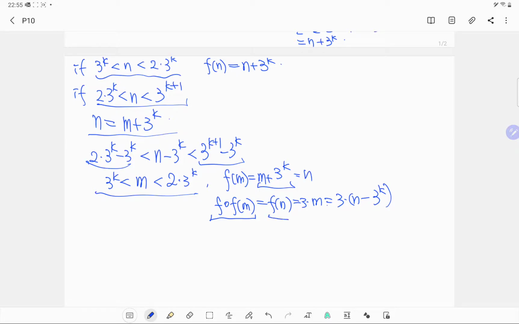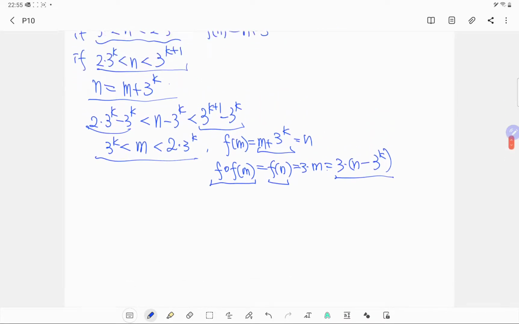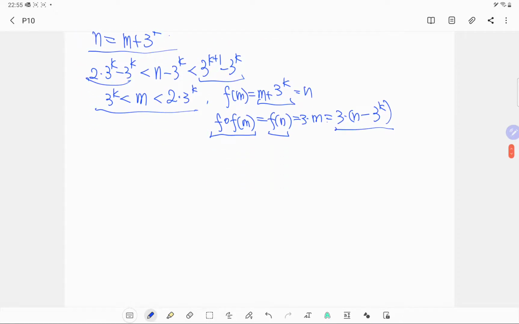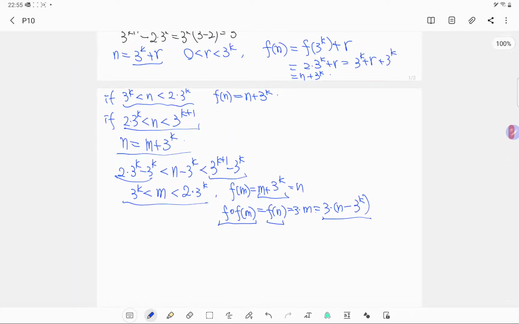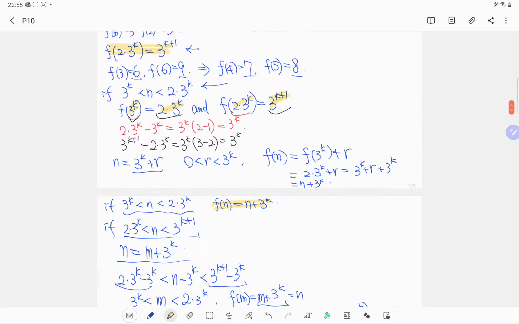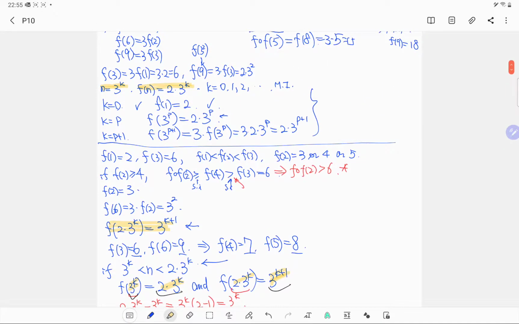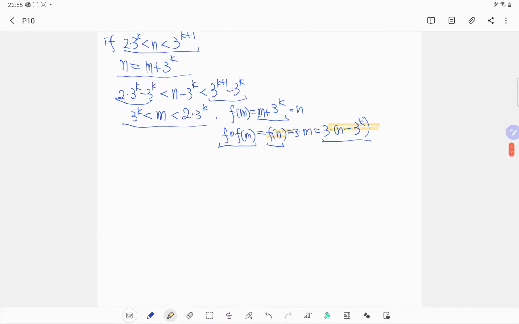So we come up with f of n equals 3 times n minus 3 to the kth power. So, concluding the four highlighted equations, we have f of 3 to the kth power should be 2 times 3 to the kth power.